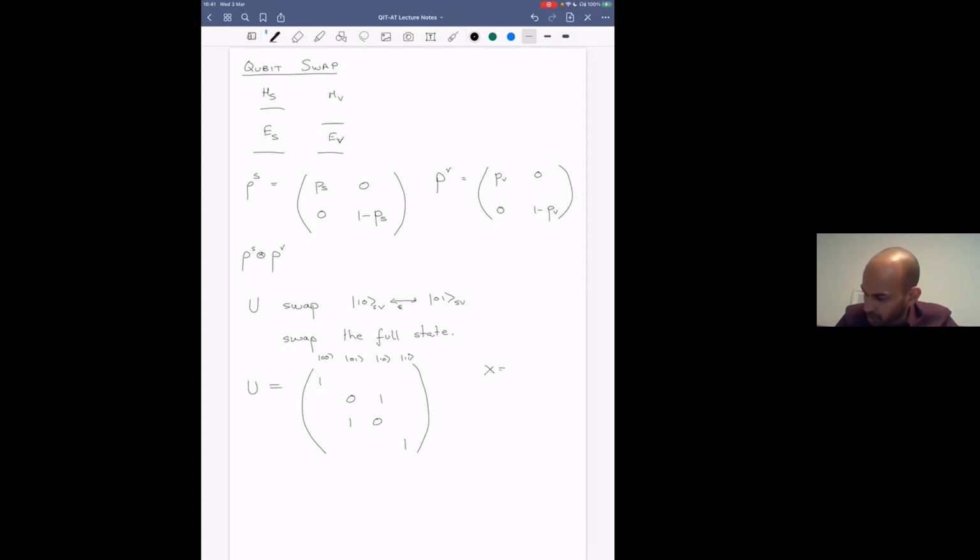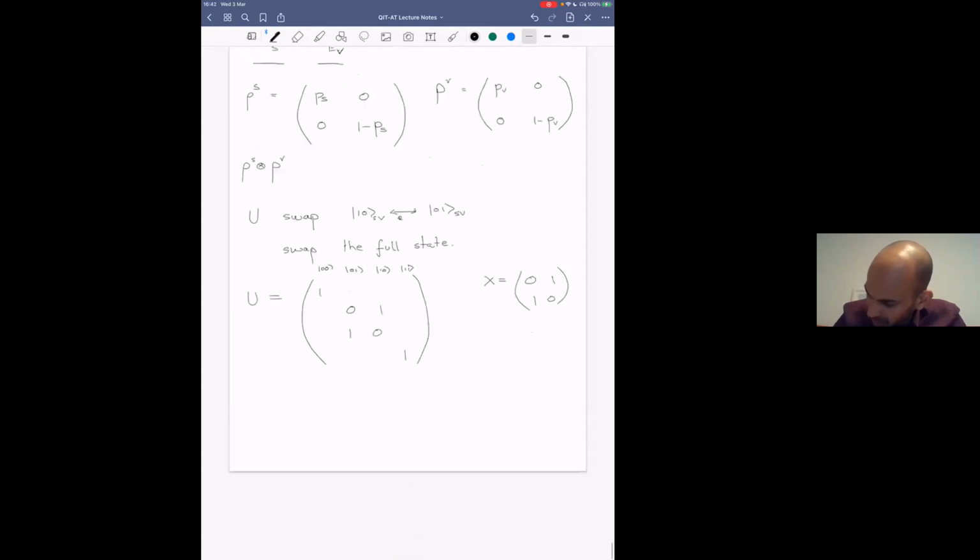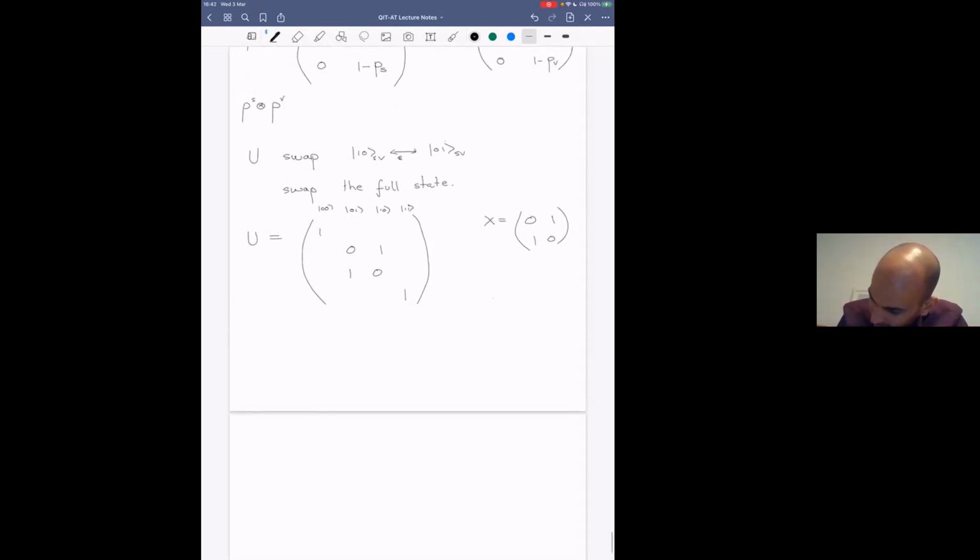Remember the X operator which you use to flip the computational basis states of a single qubit is just 0, 1, 1, 0. And this is essentially an X operator sitting in a subspace. But the effect that it has is effectively to flip the 2 states, because what I start with, so I start with rho S tensor rho V, which is using what we already know, this is p_S p_V, p_S (1 minus p_V), (1 minus p_S) p_V, and (1 minus p_S) times (1 minus p_V).